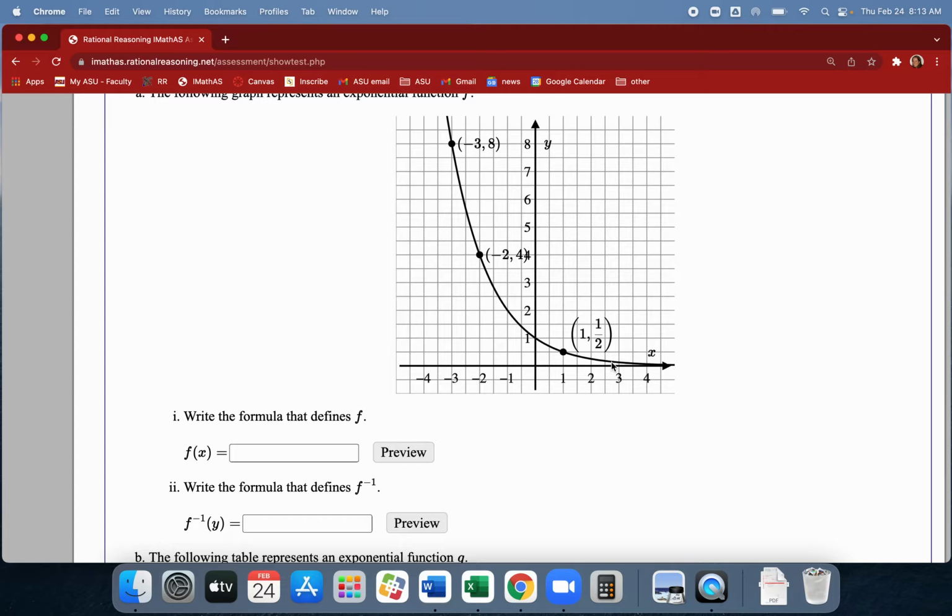See if you can find that function for f of x, the thing that's pictured, and then we'll write the inverse. And then we're going to go on to the second half of this. I don't want to spend a lot of time on the graphs, but they're good ways to picture what's meant by this relationship.